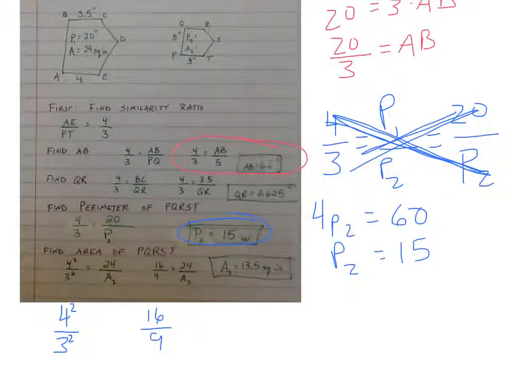And the area of figure 1 is 24, and the area of figure 2 is unknown. So 16 to 9 equals 24 to our area. And we cross multiply, giving us a final area of 13.5 square inches. Don't forget your units.